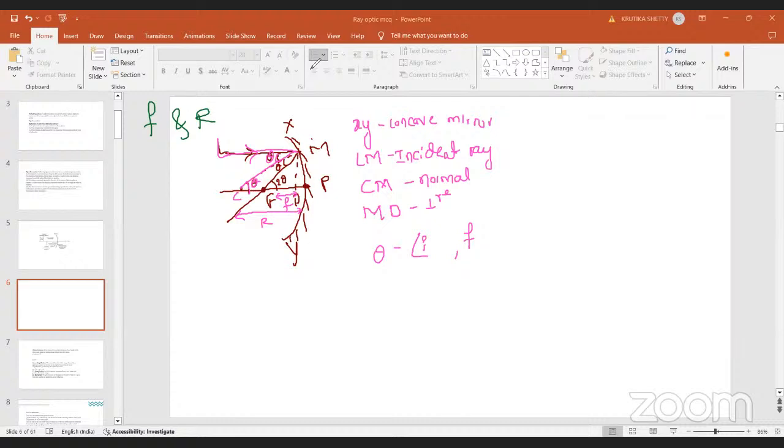See, for that I am considering the triangle CDM. In the triangle CDM, tan theta is equal to... From the triangle CDM, you can see the figure there. Please tell me what is tan theta.